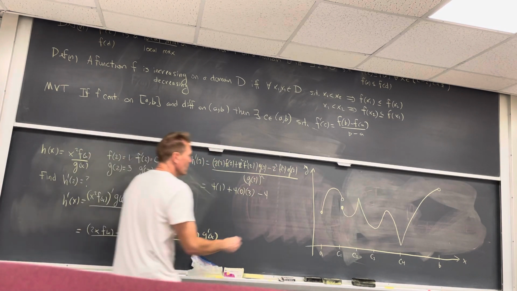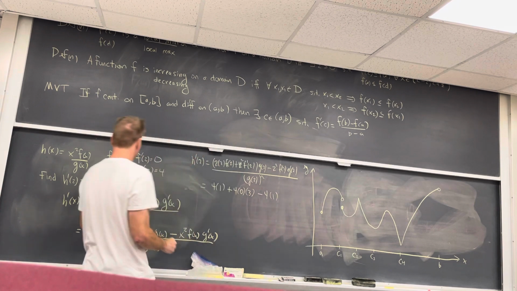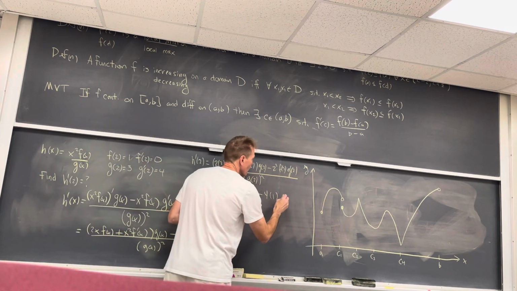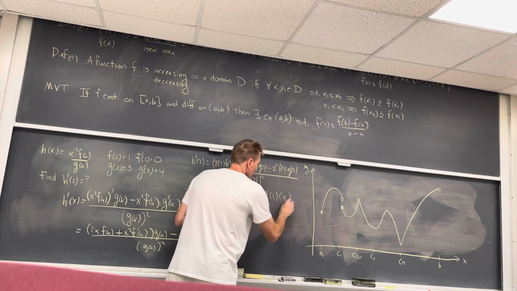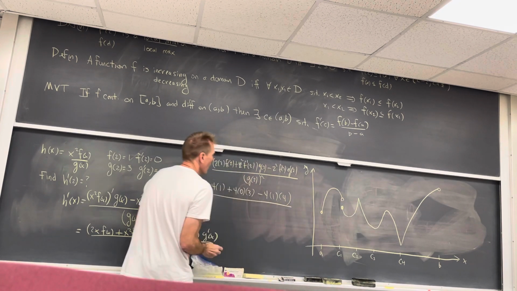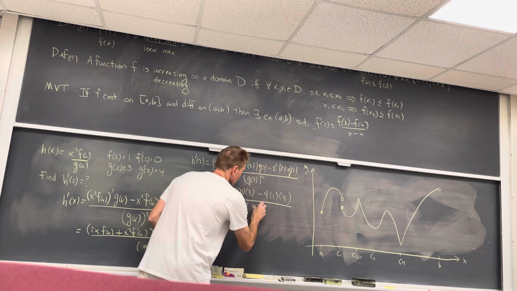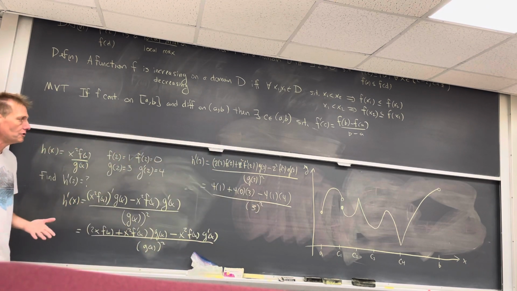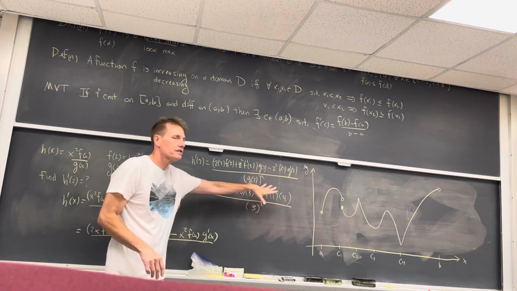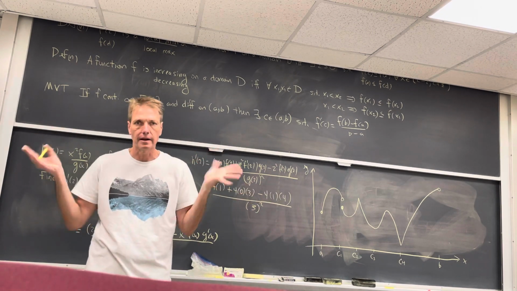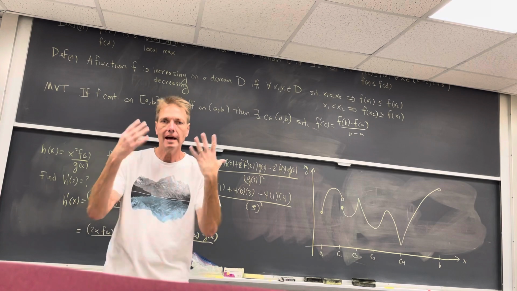F of 2 is 1. G of 2 is 3. So I'm looking at g prime of 2. G prime of 2 is 4. Then all over 3 squared, since g of 2 is 3. And I'm trusting you guys can do the rest of this arithmetic better than I can. But that's the basic thing.